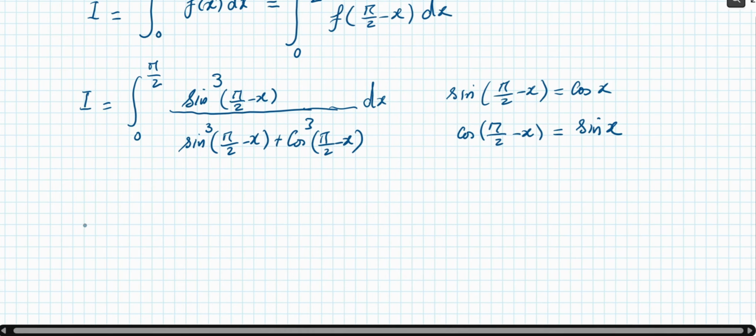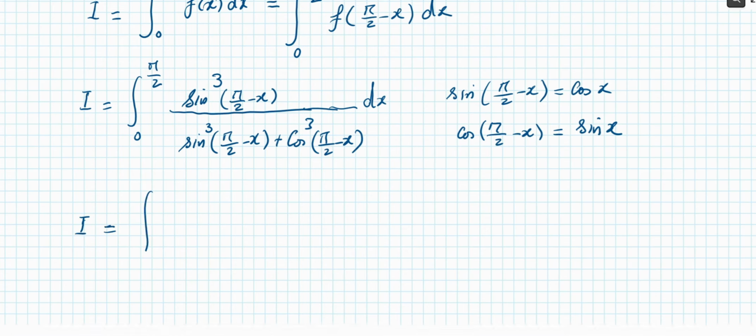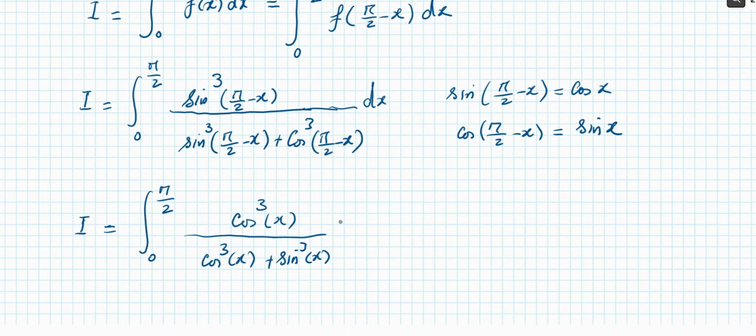So I, therefore, is equal to the integral from 0 to pi over 2 of cosine cube of x divided by cosine cube of x plus sine cube of x dx.